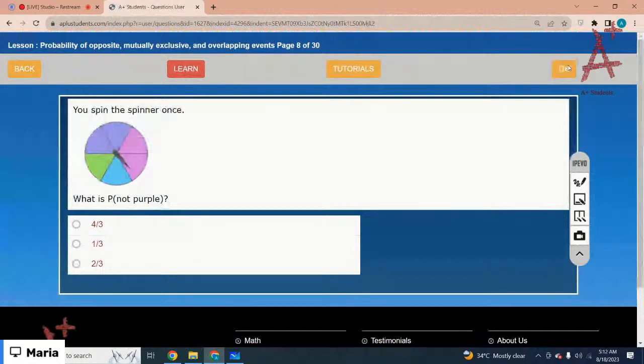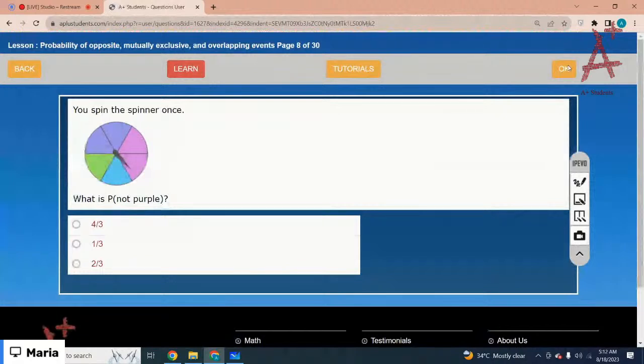Probability of not purple. Which is the correct option?